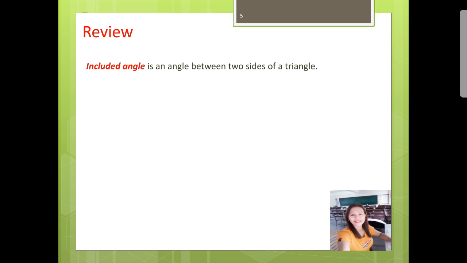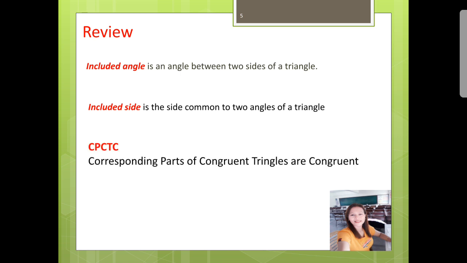How about the included side? It is the side common to two angles of a triangle. And what does CPCTC stand for? CPCTC: corresponding parts of congruent triangles are congruent.